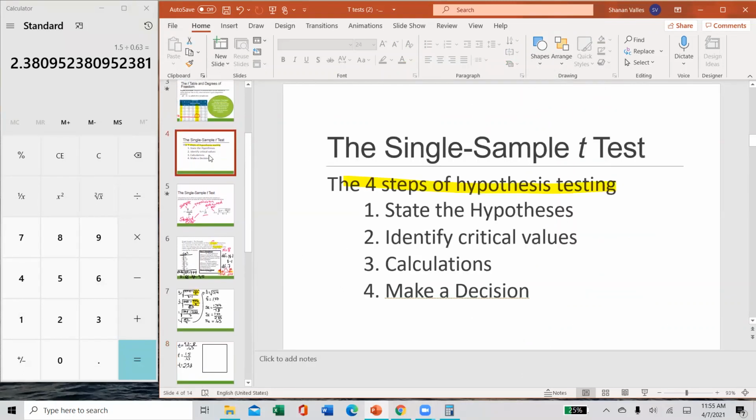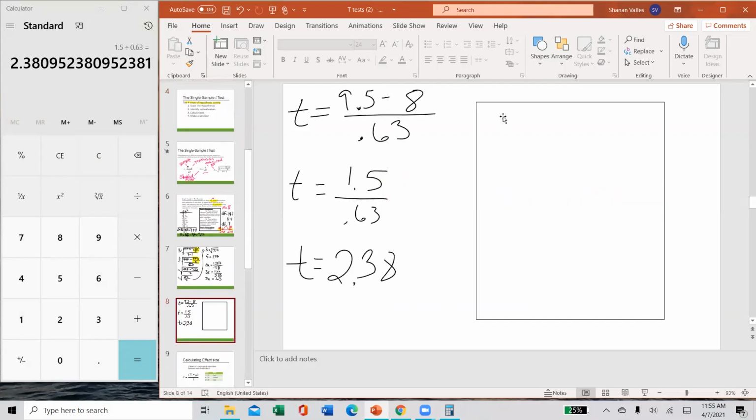If we look back at our steps, we did step 1, we stated our hypotheses. We did step 2, we identified our critical values. And we did step 3, all of our calculations. Now we need to make a decision, step 4.